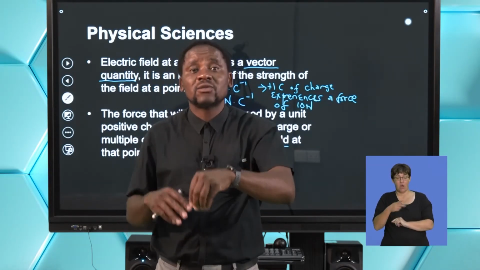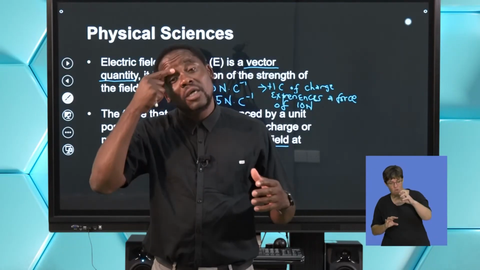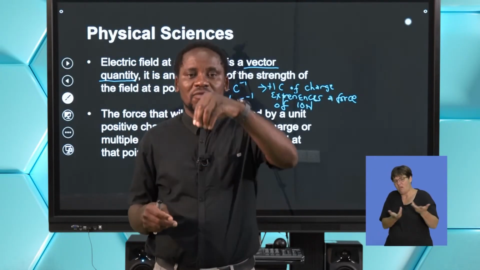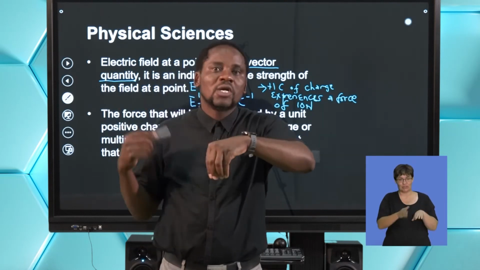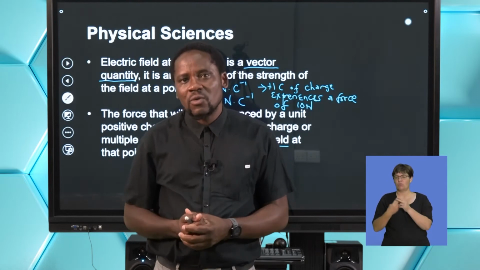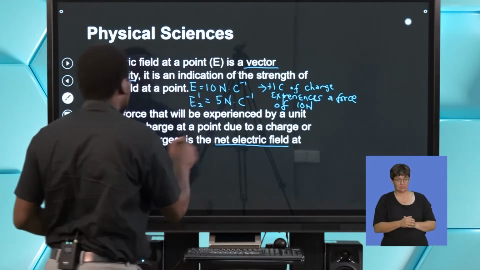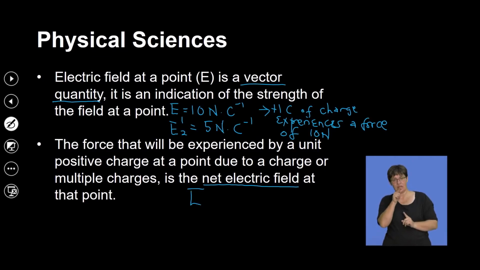As a result, we can talk about the total or combined effect of the forces exerted by the charges at that point on the unit positive charge, which is our test charge, if we may call it that. So that's the big idea behind E net, which is primarily our focus for today.